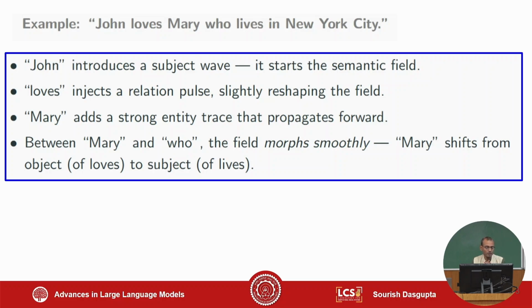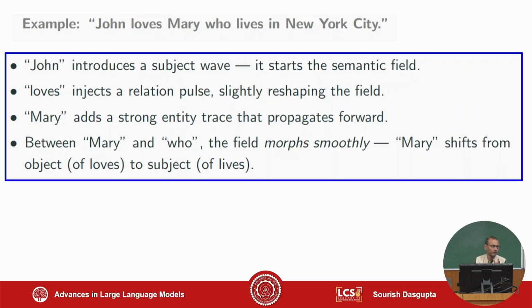And then before who comes, that wave sort of morphs smoothly and moves towards where the wave embedding of who would be. So think of it like, okay, if I pause after Mary, so let's say John loves Mary, and I pause. Now where would that wave go?